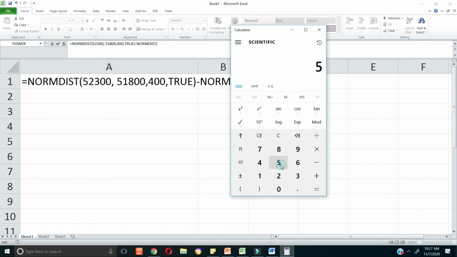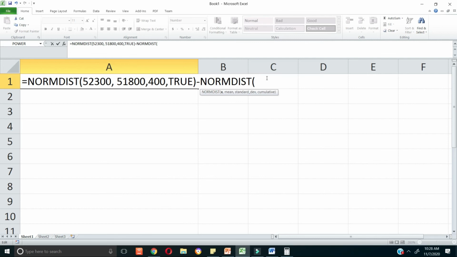So 51,800 minus 500, because we're doing plus or minus 500. So that's 51,300. Then 51,800, the mean, then the standard deviation, and then the true keyword for cumulative.